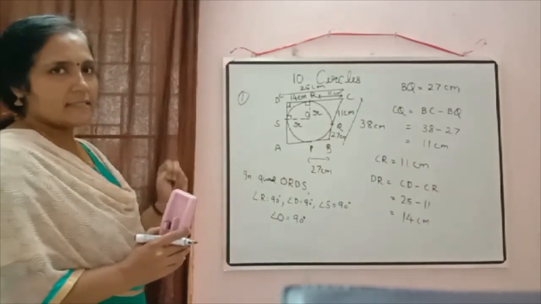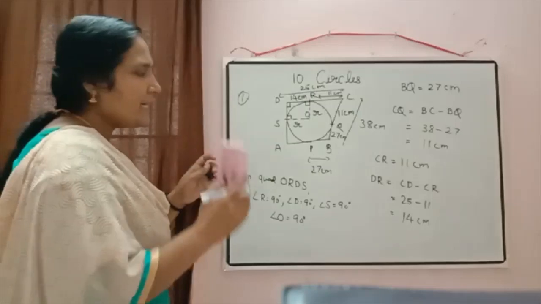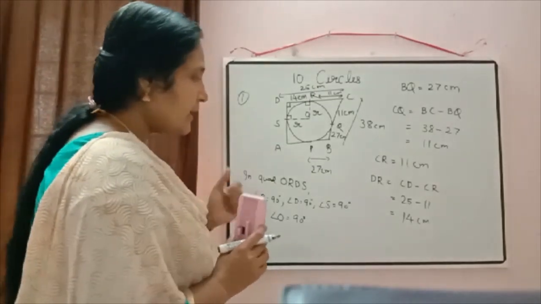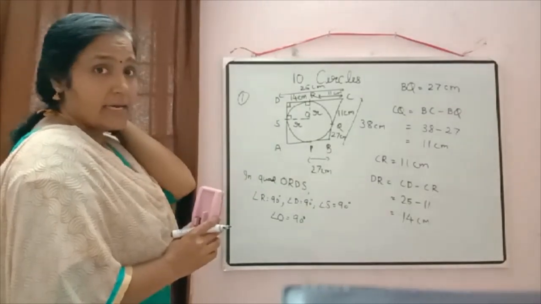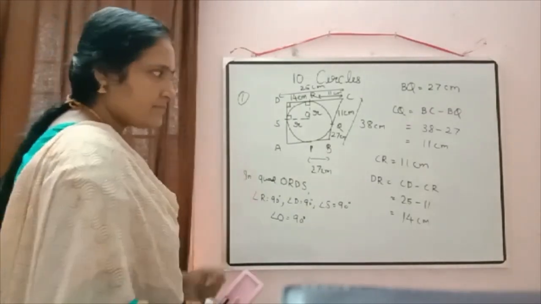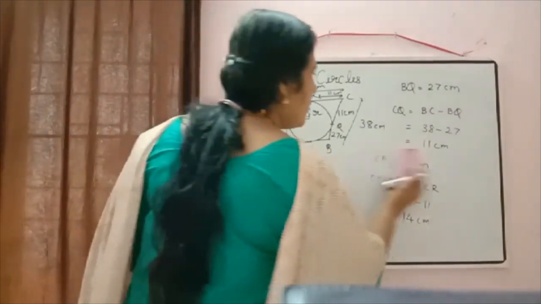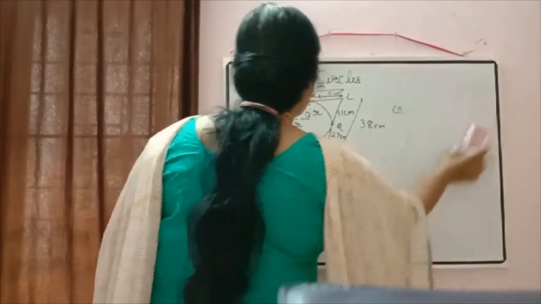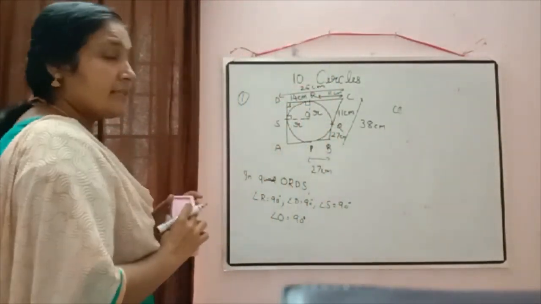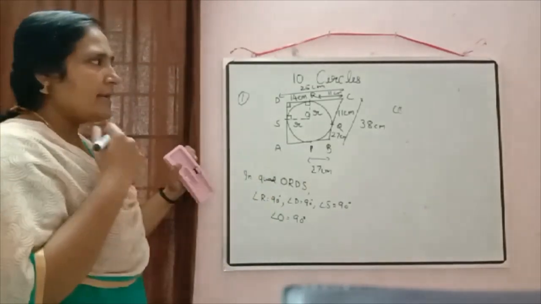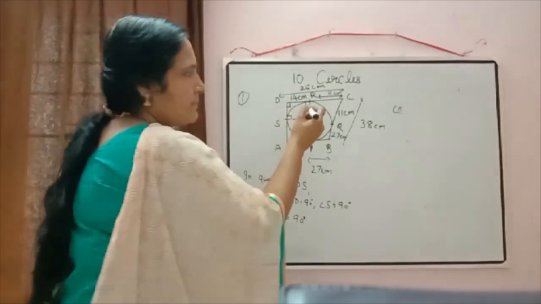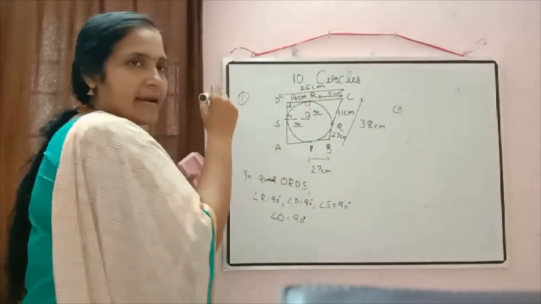Now two conditions are possible. If all the angles of a quadrilateral are equal to 90 degree, then it can be a rectangle or it can be a square. Now we will check what type of quadrilateral ORDS is, whether it is a rectangle or a square. How will we identify that? Just check. What is OR? Radius.